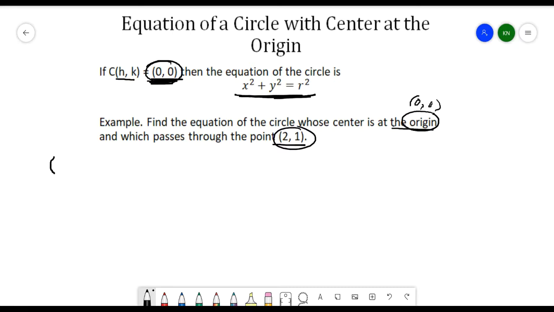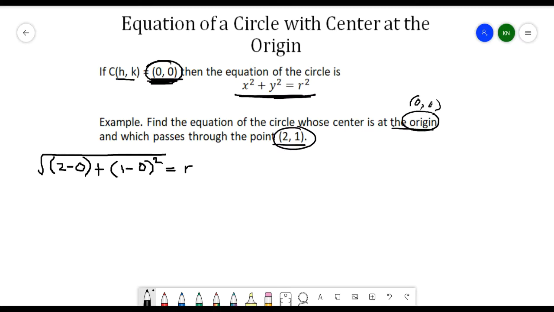So we have x sub 2, which is 2, minus x sub 1, which is 0, plus our y sub 2, which is 1, minus our y sub 1, which is 0, squared. That is equivalent to r, and then square root of this.